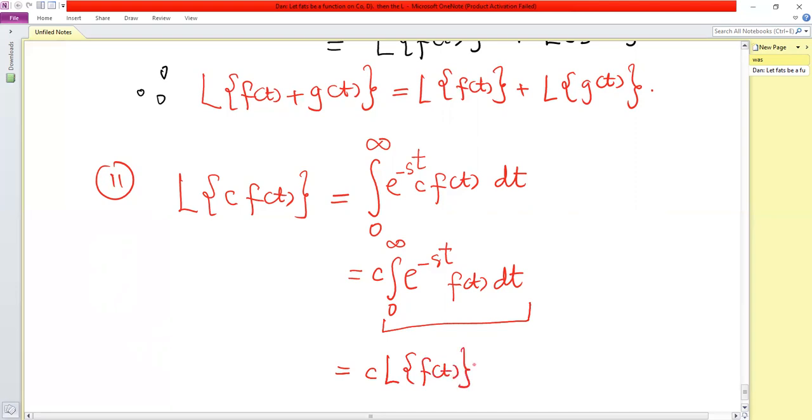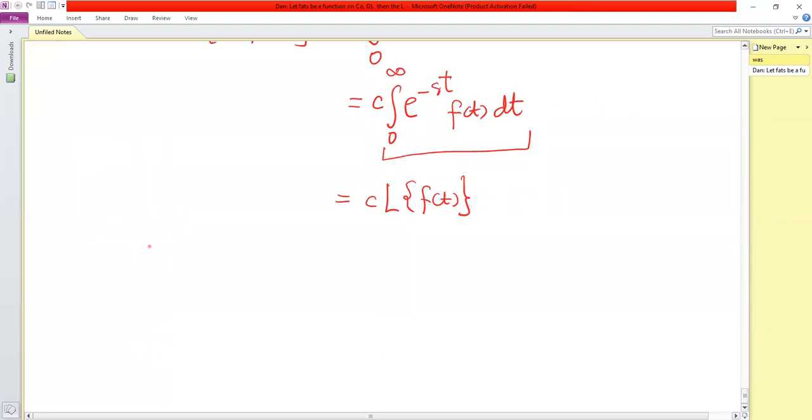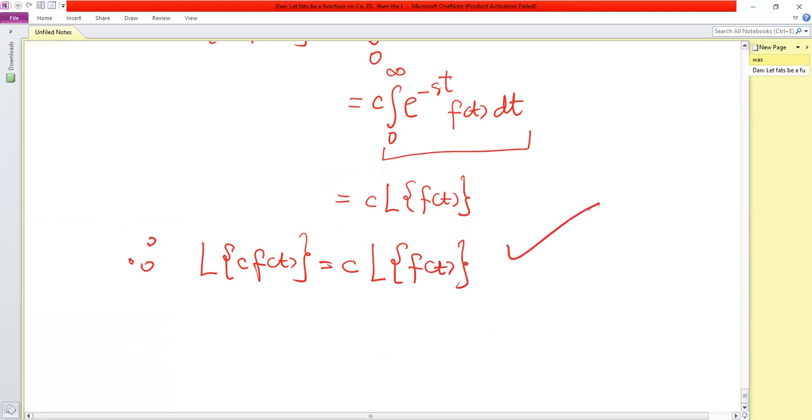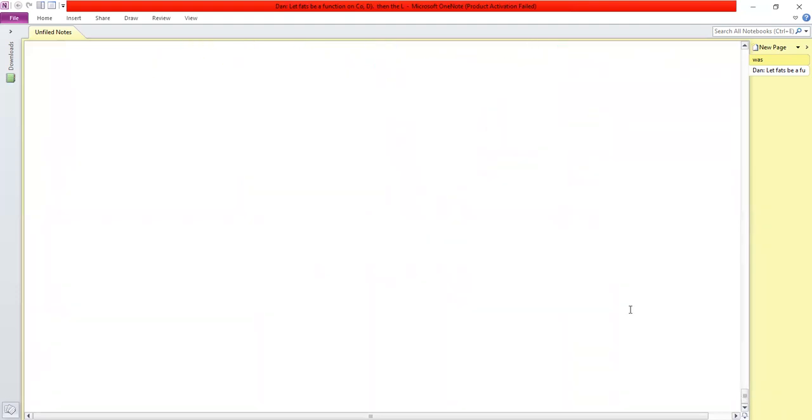So therefore, the Laplace transform of c times f of t is the same as c times the Laplace transform of f of t. That's how we prove the second case of linearity. So we could do an example to illustrate how we apply this property.